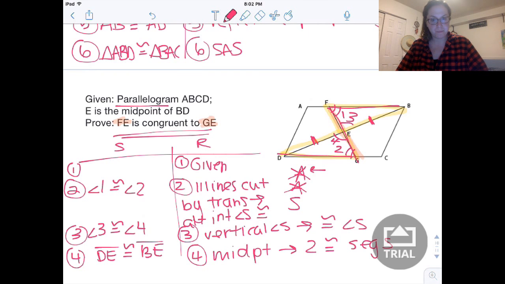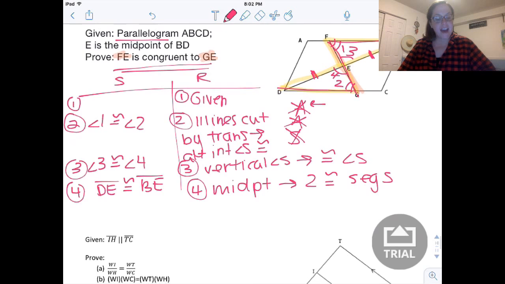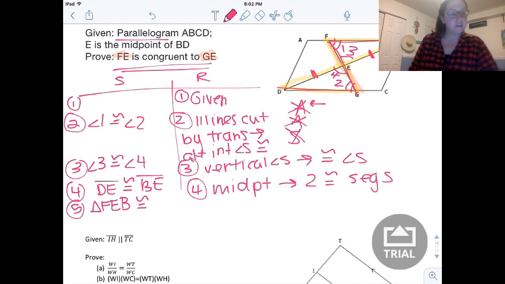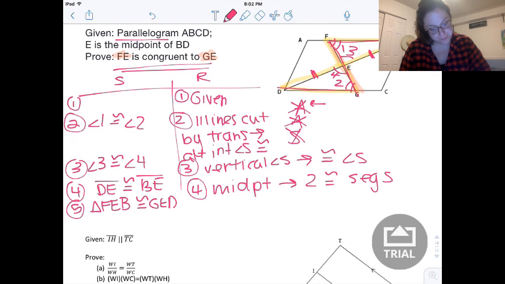I've got all 3. So that allows me to say that the triangles are congruent. Okay? Triangles are congruent. So FEB is congruent to GED, which is by angle, angle, side.